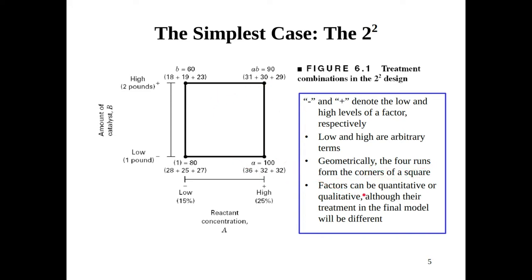Here factors can be quantitative or qualitative, although their treatment in the final model will be different. In this case, both our factors are quantitative, because we can vary the reactant concentration between 15% to 25%. This is also a quantity, amount of catalyst. So both of our factors are quantitative. So that's basically the graphical representation of the problem.